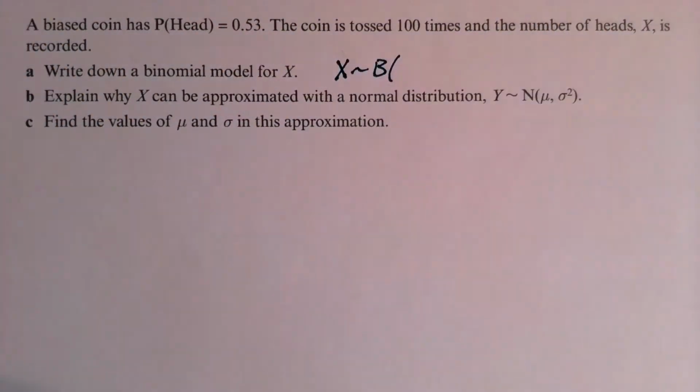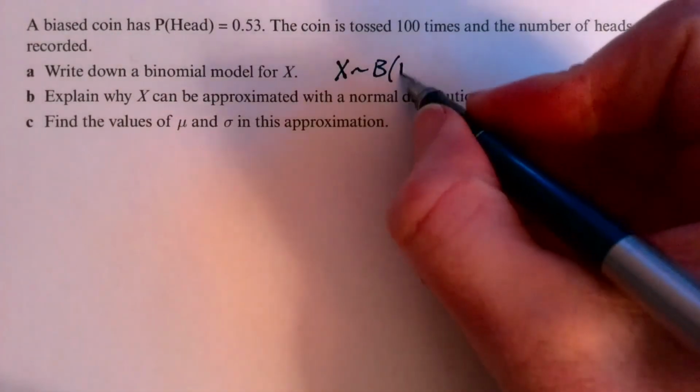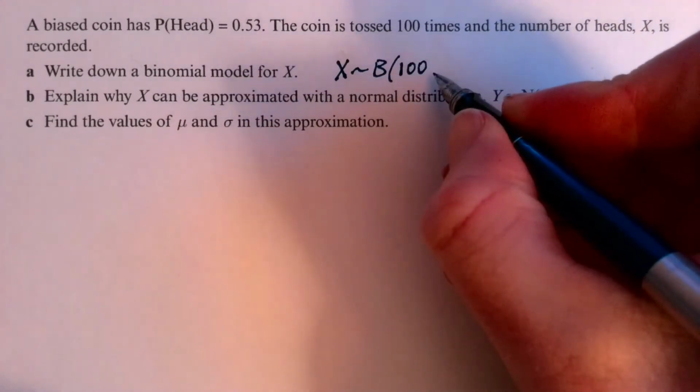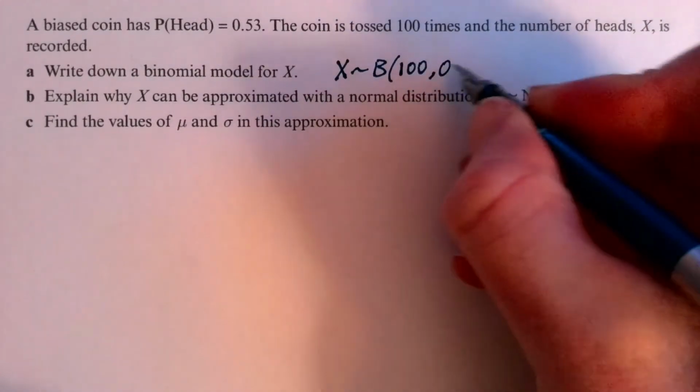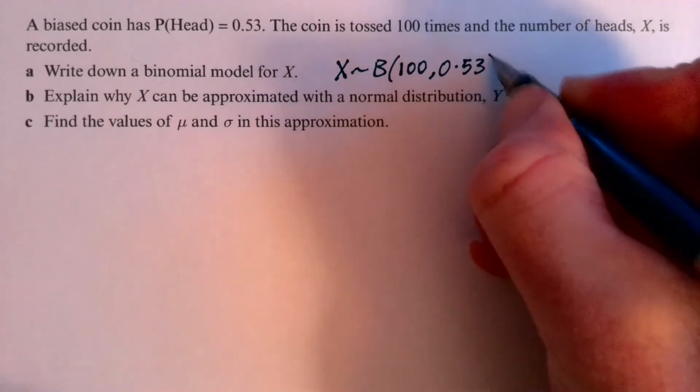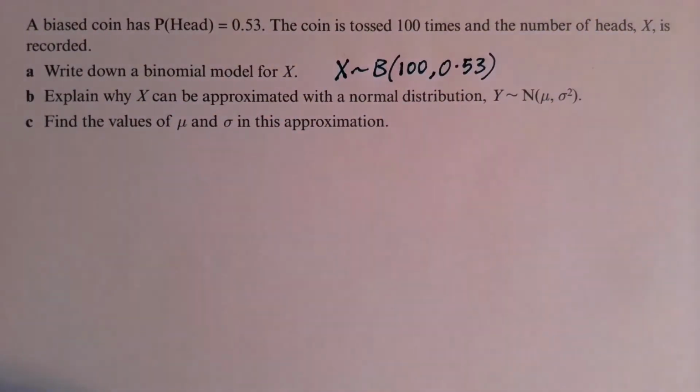So for x it's going to be B, in the bracket, the number of trials is 100, and the probability that we get a head is 0.53. So that's all that's asking for.